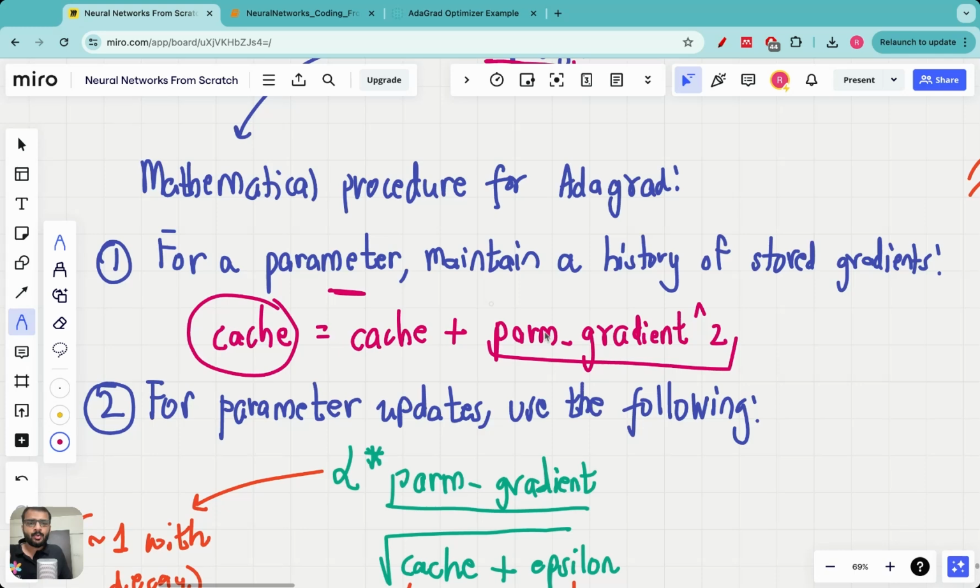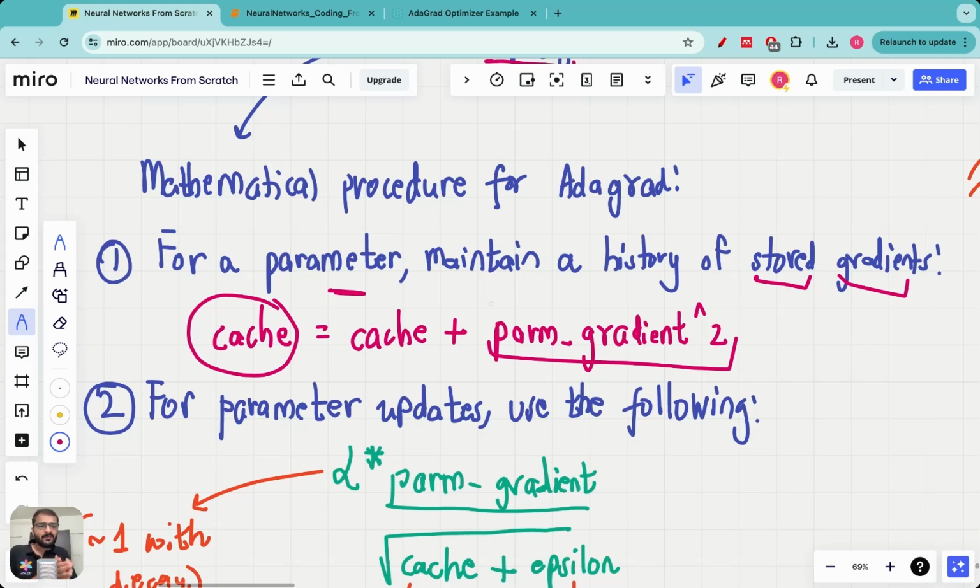So the main thing to note here is that we are storing a history of gradients, and we are not just storing the gradient value, but we are storing the value of gradient square. And I will tell you why we are doing gradient square in a minute. But for now, just keep in mind that we are storing the history of the parameter gradient values or the partial derivative of the loss with respect to that parameter.